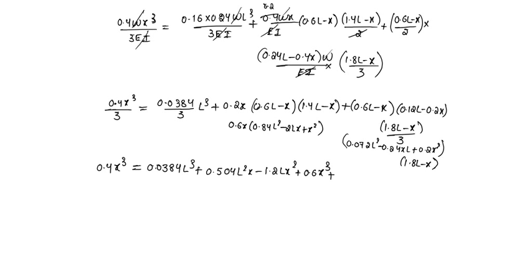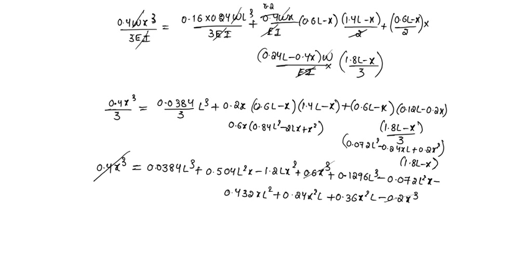On multiplying it again, we obtain this to be 0.1296 L cube minus 0.072 L square x minus 0.432 x L square plus 0.24 x square L plus 0.36 x square L minus 0.2 x cube. Minus 0.2 x cube and 0.6 x cube becomes 0.4 x cube.